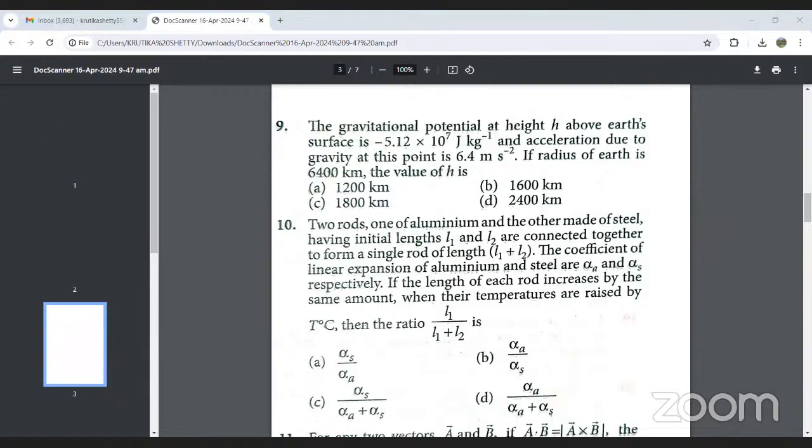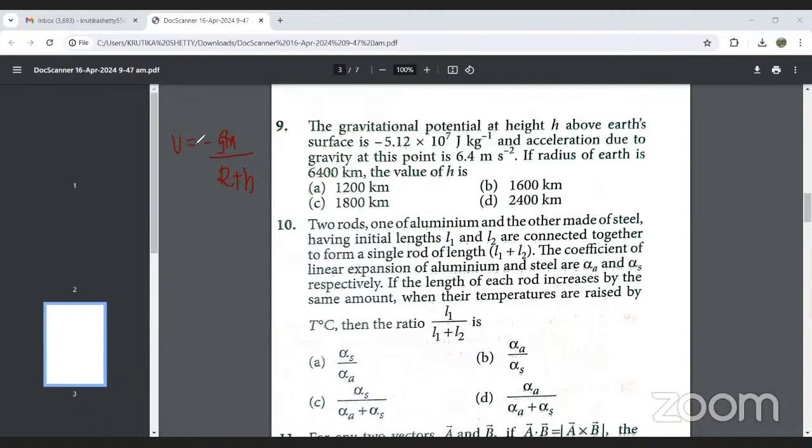The gravitational potential at height H above the Earth's surface is, what is the formula? U is equal to minus GMm divided by R plus H, at height H. Above the Earth's surface it is minus 5.12 into 10 raised to 7.